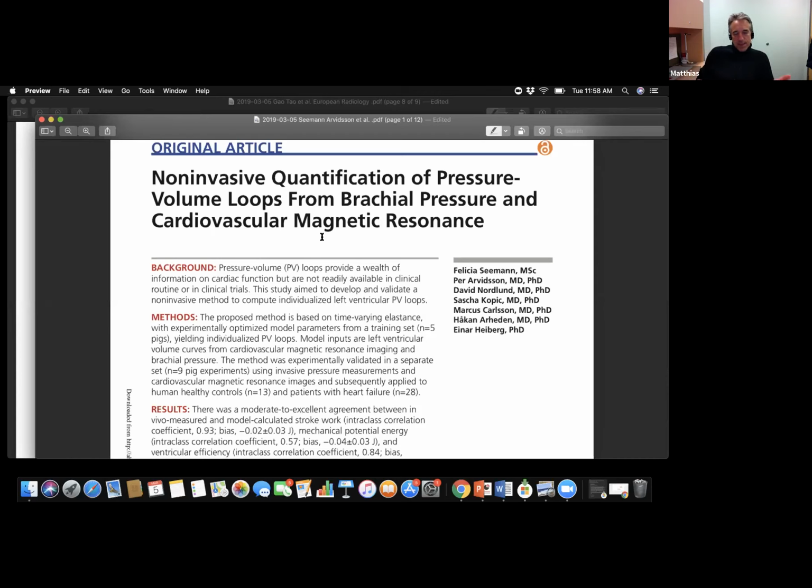That's the power of CMR, that it's so versatile that you can acquire data on function, morphology, volumes, tissue, but also then if you can get pressure-related parameters, that's of course a huge additional asset. So that's why I think it's really very interesting.